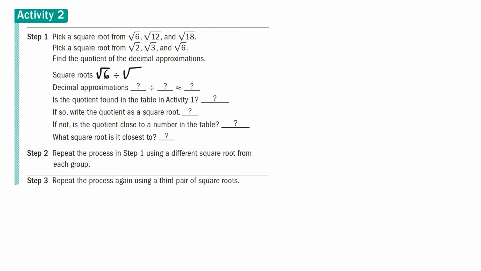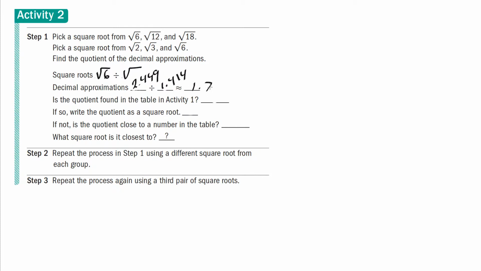I'm going to get a decimal approximation for this value. So the decimal approximation for root 6 is 2.449. For root 2 it is 1.414, and the quotient is approximately 1.732.